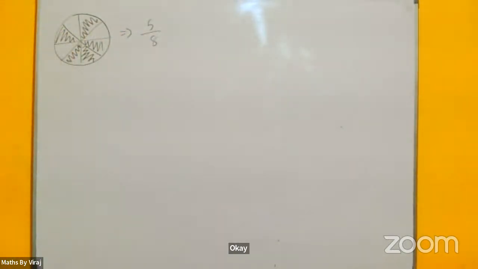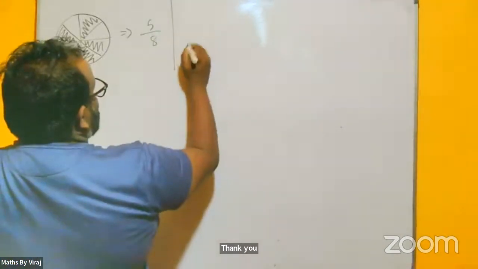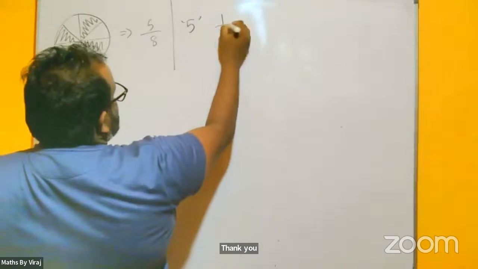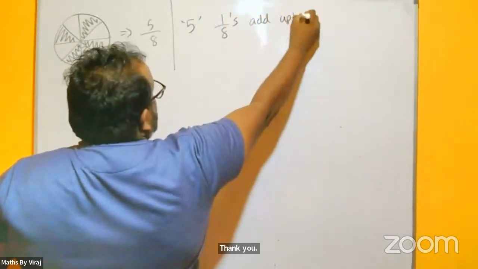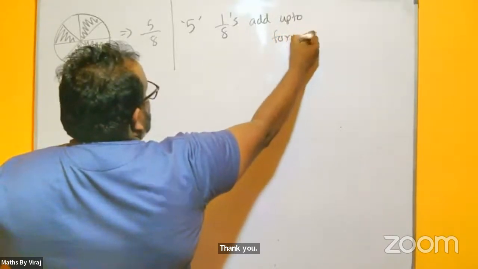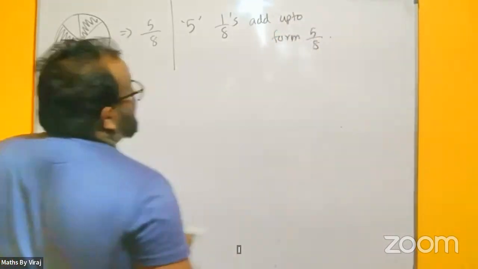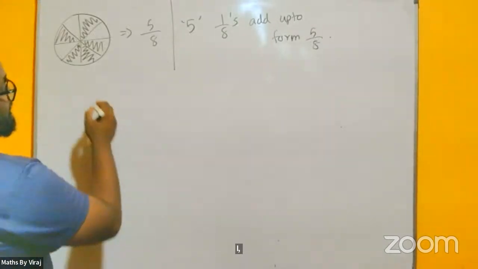Now let's look at this 5 upon 8. You should understand that five 1 upon 8s add up to form 5 upon 8.